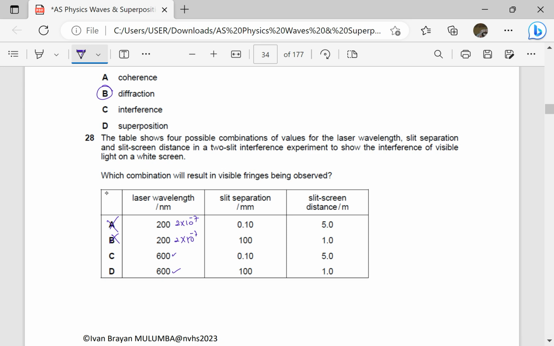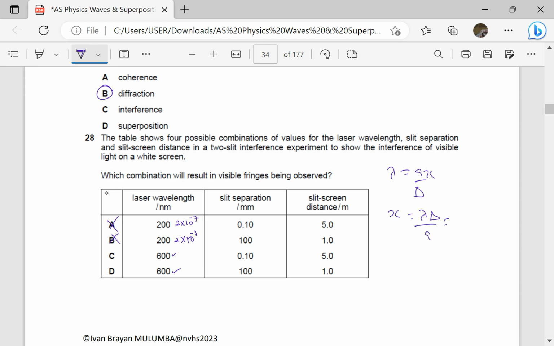Now let's check the slit separation and slit-to-screen distance. Which combination will result in visible fringes being observed? Lambda is equal to ax divided by d, so x is going to be lambda times d divided by a.